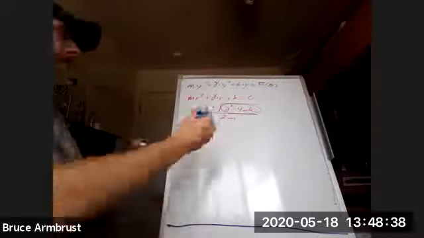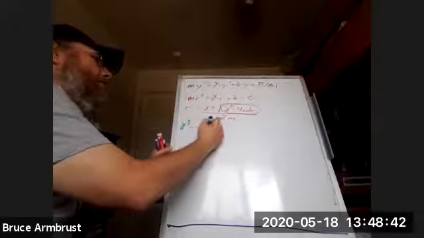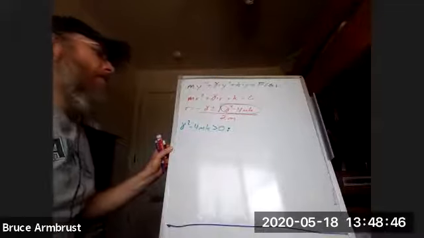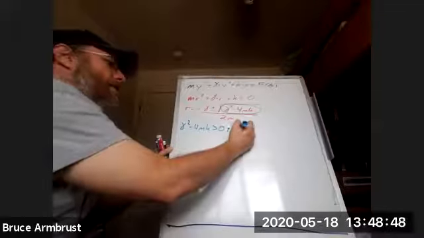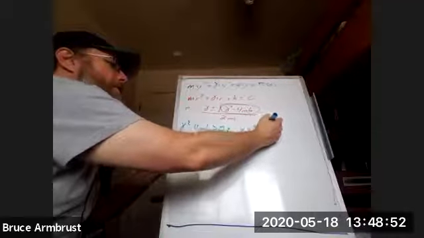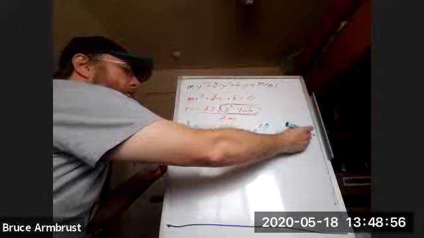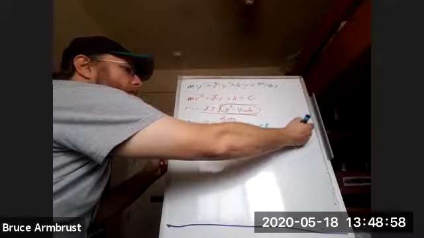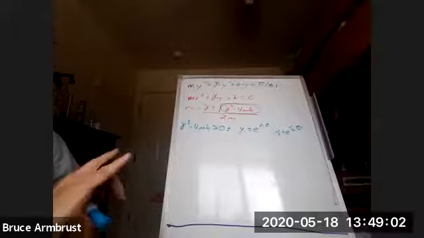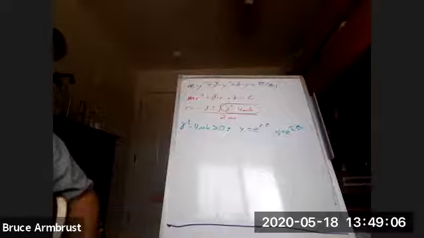Here are the three cases. First, if that's positive, then we're going to get a solution of e to the r1 t and e to the r2 t. So our fundamental set is going to be those two, two exponentials.